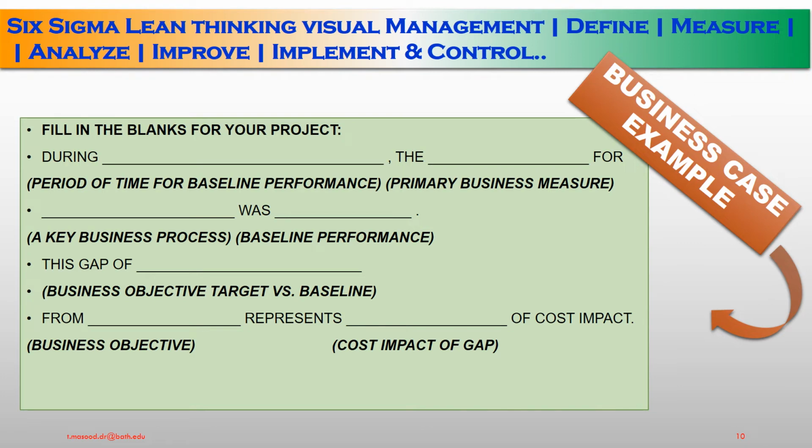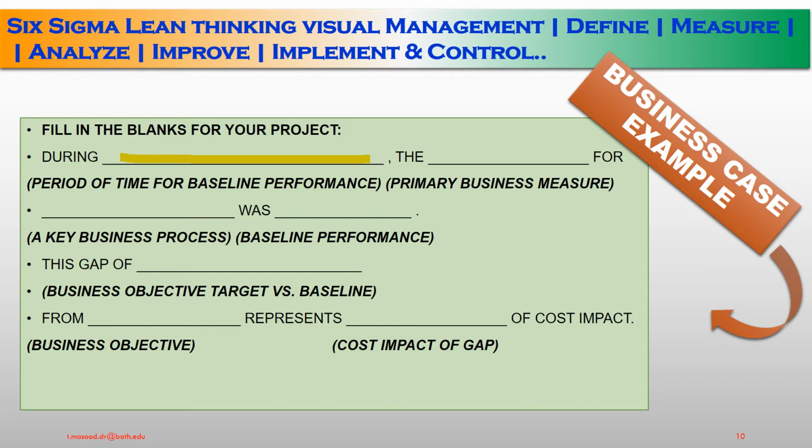Okay, business case example. So perform first, fill in the blanks from your project. First, what you have to write here: demonstrate the period of time for a baseline performance, primary business measure.